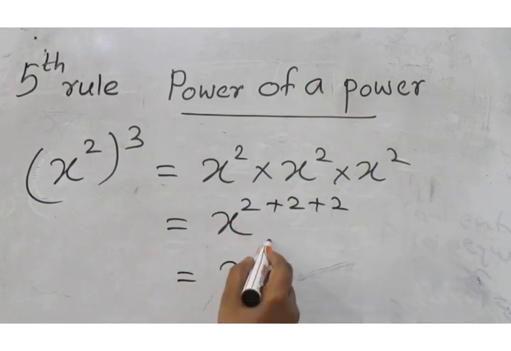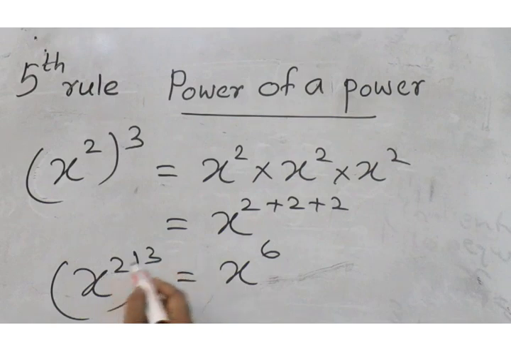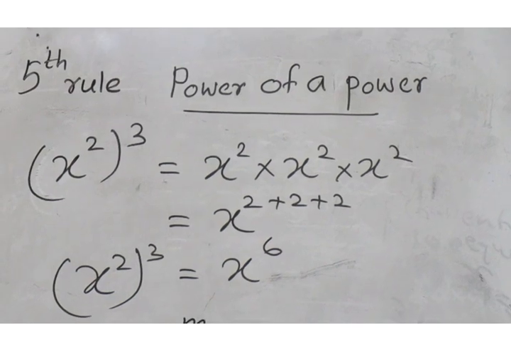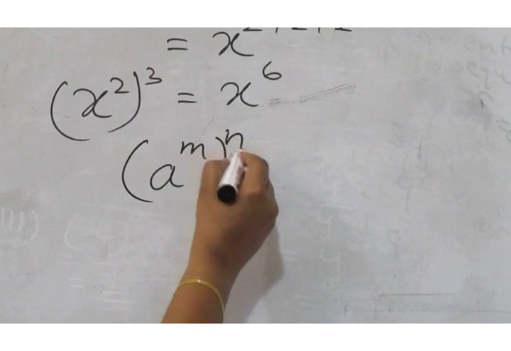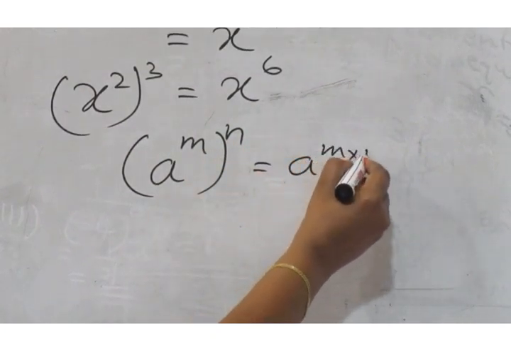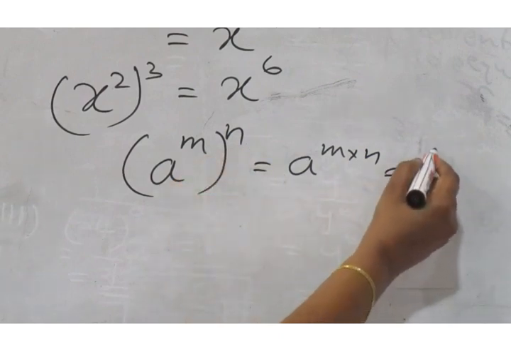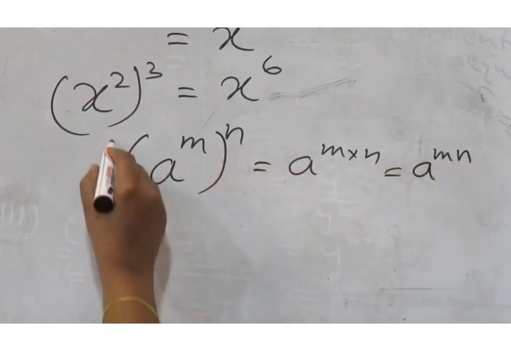Therefore here the answer is 6. Now we can get this answer by multiplying these two powers. Therefore the fifth rule is power over power. We can write here m into n, the product of these two powers, as the simplest form.